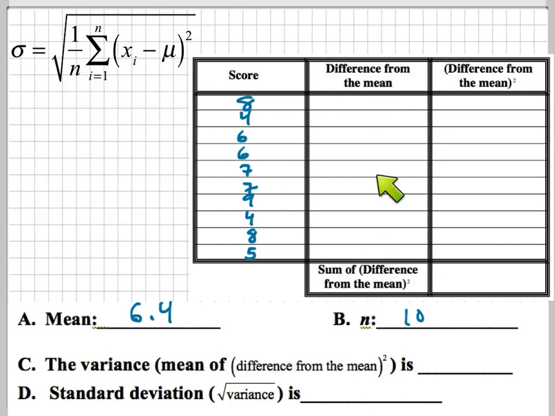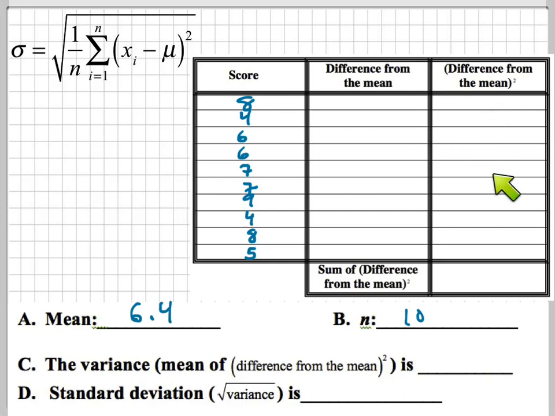This column right here. Why are we doing this? That is this right here. It's x sub i, which represents each of these scores right here, and then minus mu. Mu is your mean. So the difference between the score and the mean goes right here, and that's what you guys put right there. And then you square it.